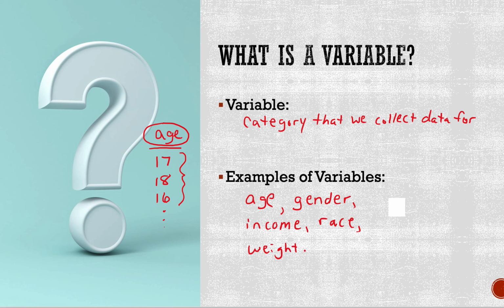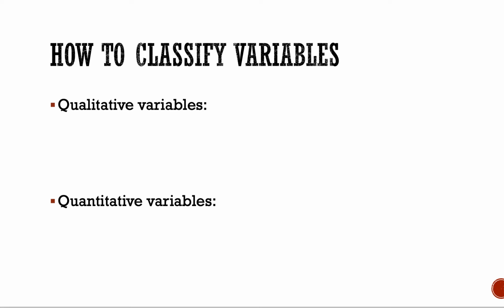All right, so just like we can classify the statistics, we can also classify the variables. All right, so a variable is either a qualitative variable or a quantitative variable. And it's a very easy distinction between the two because one of these is going to get the categories where the data is numbers, and the other one is going to get the categories where the data is not numbers.